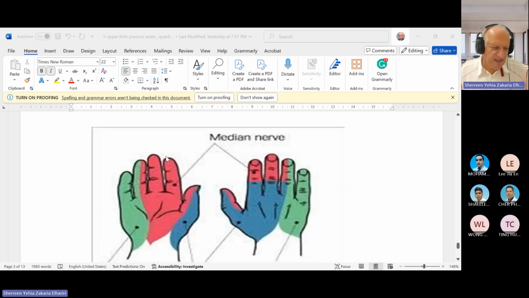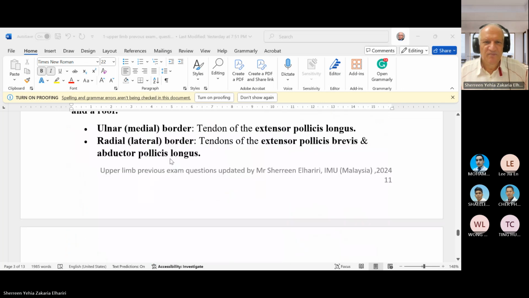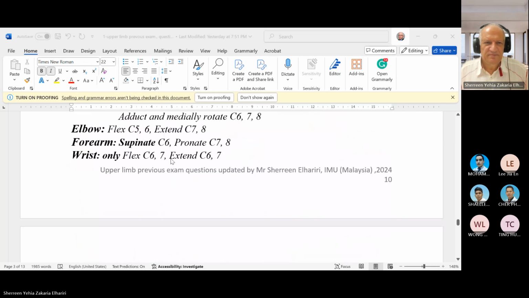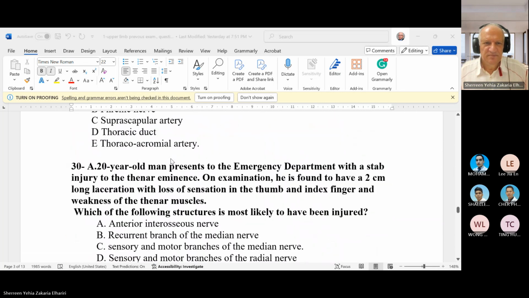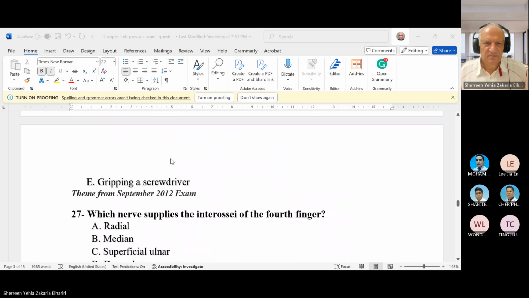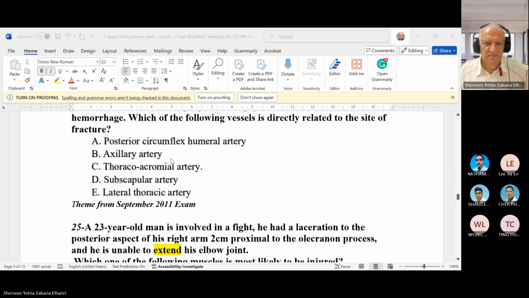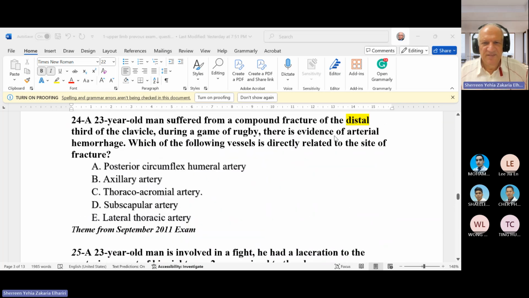So if you go back again to the question, they have a distal fracture of the clavicle. If you injure a big artery like the axillary, you have horrible bleeding and usually the patient dies.